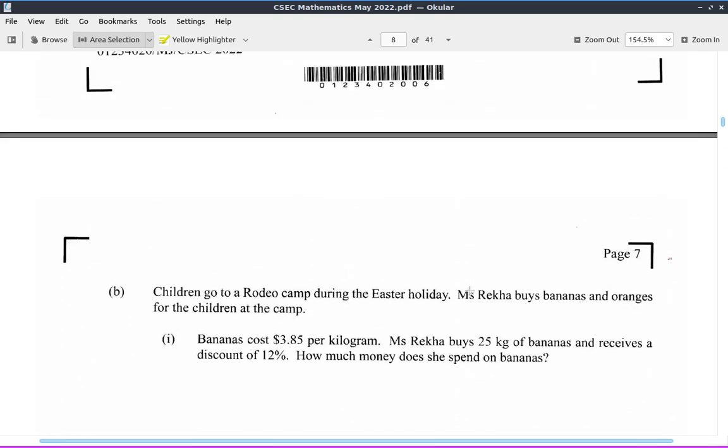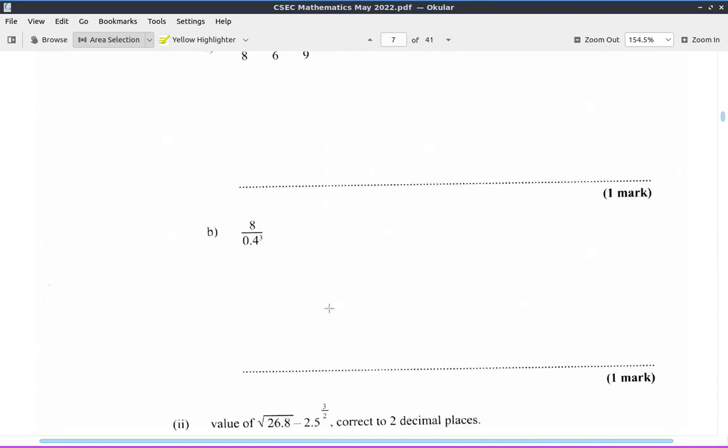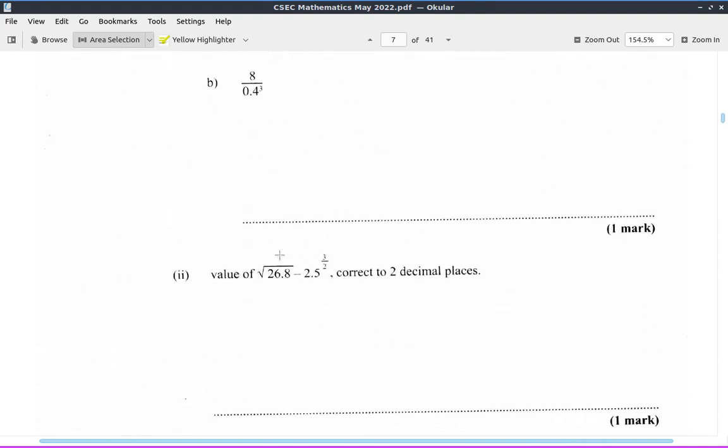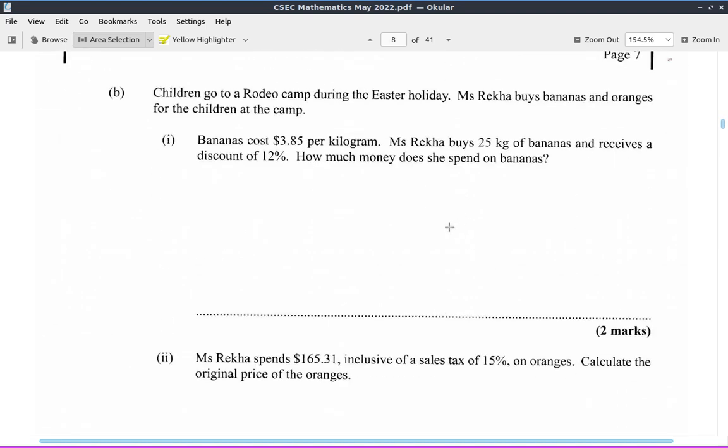Question 1 now. Using a calculator otherwise. So fraction, calculator, decimal right to 2 decimal places. Then you have this part. Okay, bananas cost that how much per kilogram, and you have 25 kilogram, and then a discount.